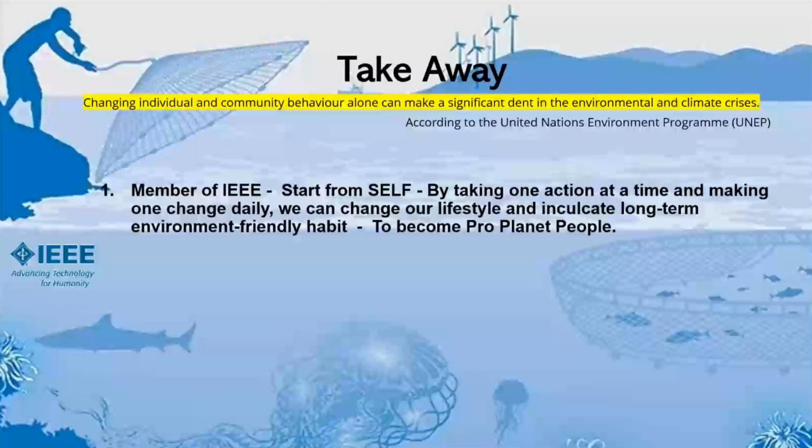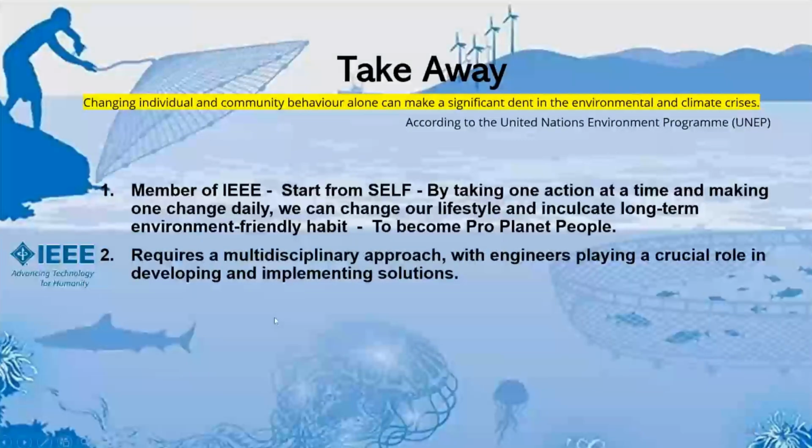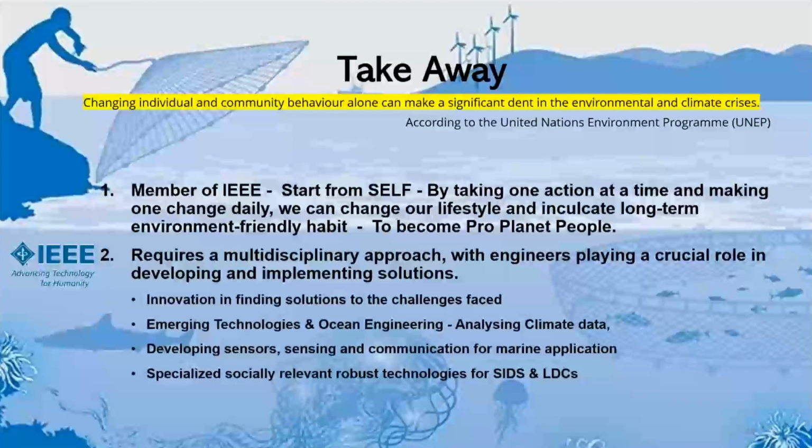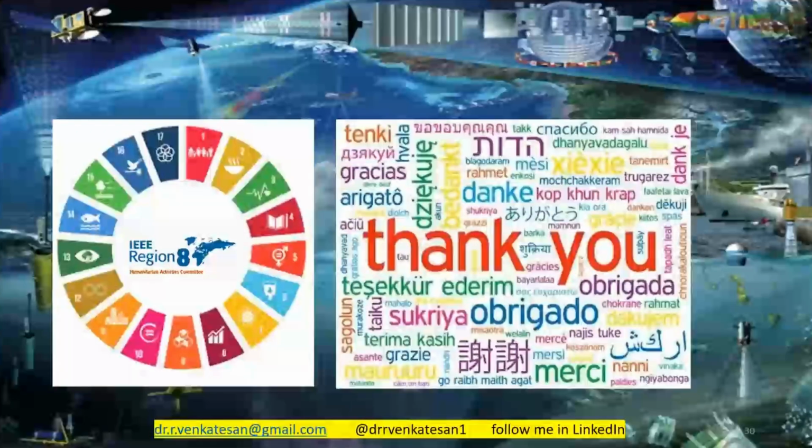We can change our lifestyle and inculcate long-term environmentally friendly habits to become pro-planet people. We need a multidisciplinary approach with engineers playing a major role and innovation in finding solutions: emerging technologies in ocean engineering, developing sensor, sensing and communication systems, and specialized, socially relevant, robust technologies for small island developing states. With that, I conclude my talk. Thank you very much.